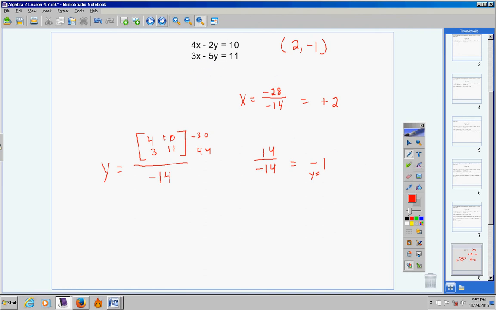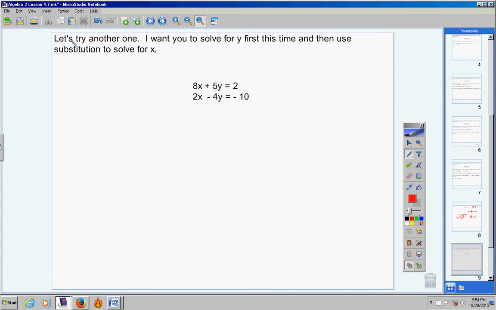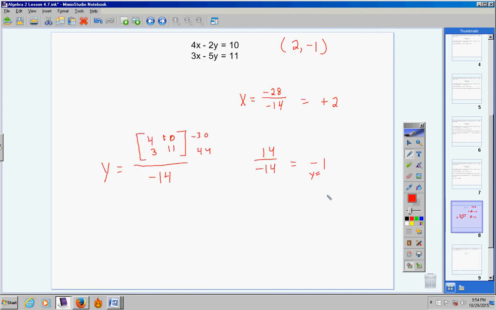Now, let's try another one. On this one, I want you to solve for y first, and then once you find y, substitute it back in and solve for x. So we are not going to use Cramer's rule twice on this. On the previous problem, we used Cramer's rule twice, once for x and once for y.